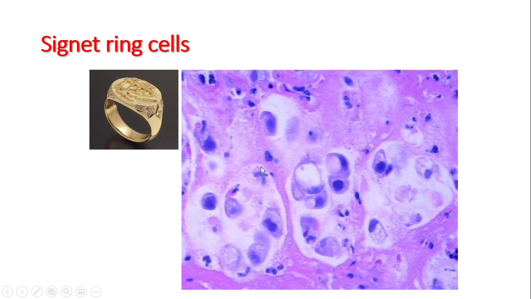The nucleus will be pushed to one corner, to the periphery of the cell, and the cytoplasm will be filled with a large vacuole, similar to a signet ring. This is the microscopic pattern of the diffuse type by Lauren classification. Lauren classification divides gastric cancer into two types: the diffuse type, which is the signet ring, and the intestinal type.